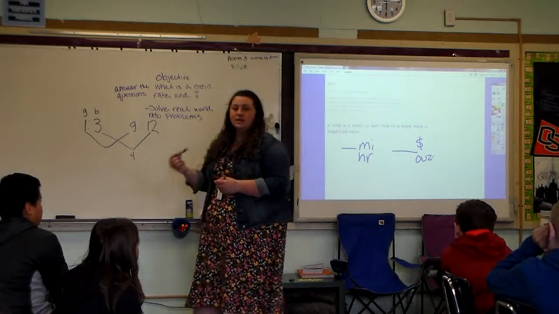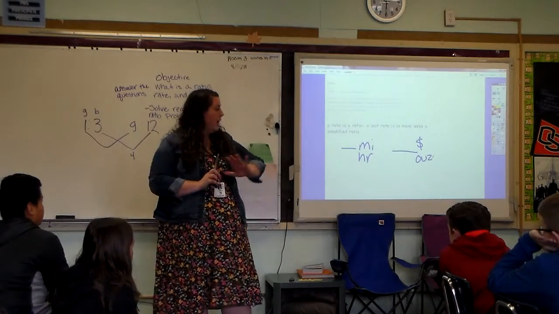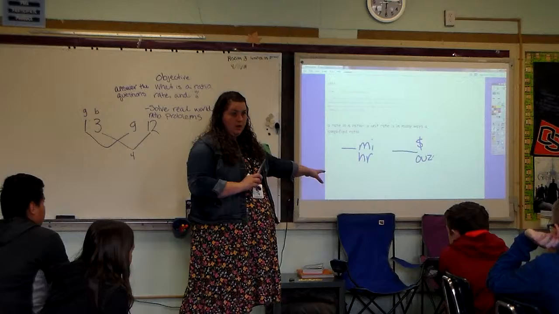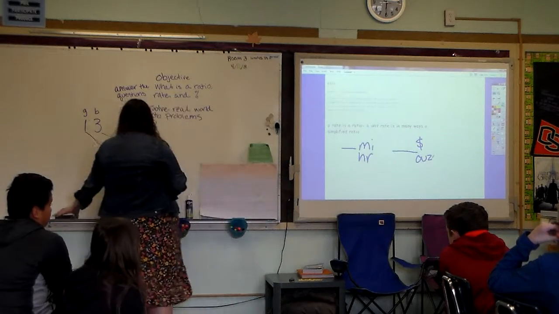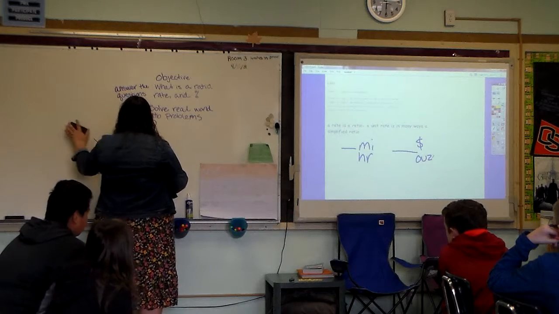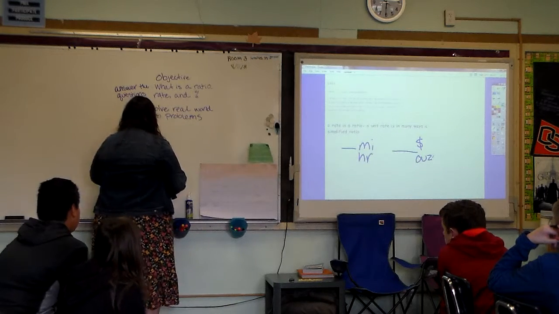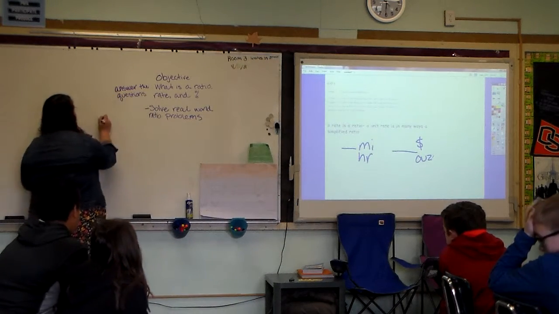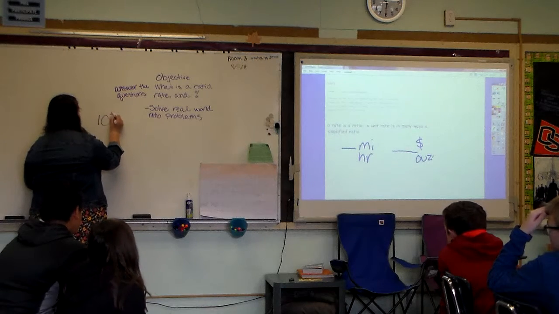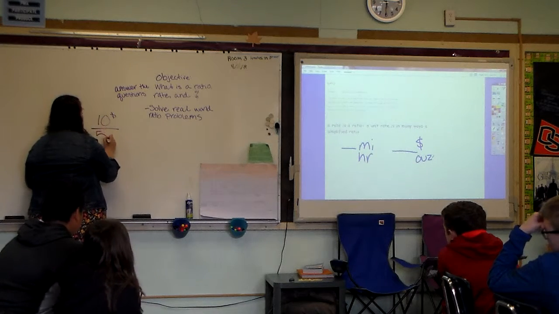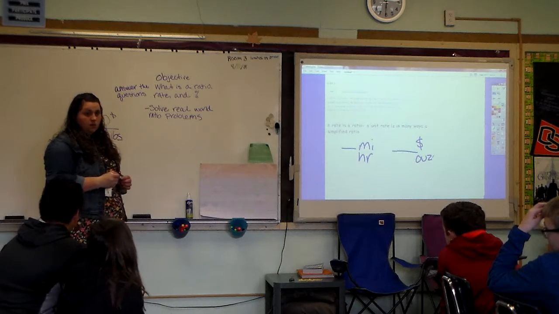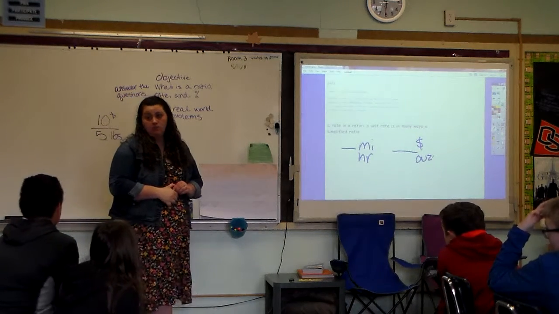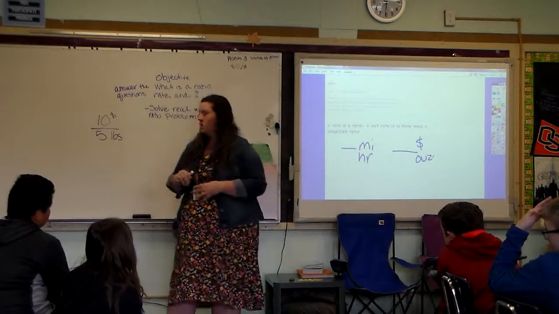But this is the part that you're going to have to figure out. How do you find the unit rate when you've got a problem giving you something like you paid $10 for 5 pounds of gummy bears? Find the unit rate. That would be a type of problem that you would see.